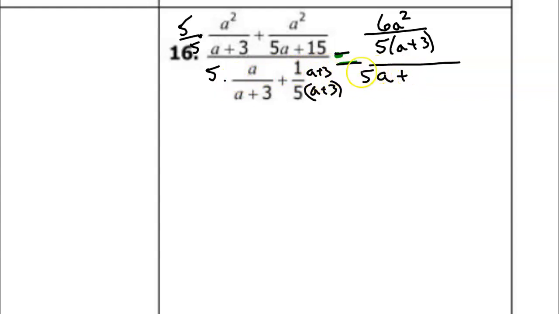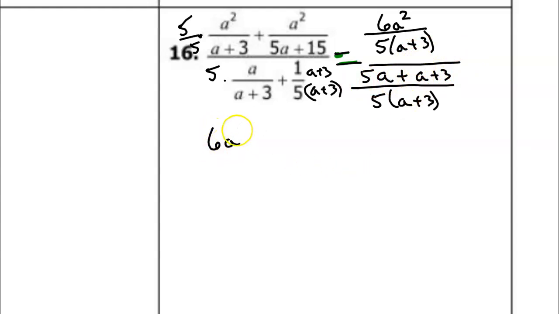Let's make that 5a, and then I have an a plus a 3. We'll simplify that, and the denominator is going to be 5a plus 3 out there. Okay, so I'm going to simplify this. This is going to become a 6a plus 3, so we're going to flip it over now.